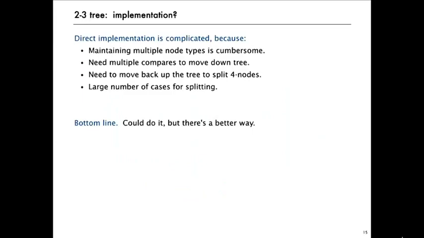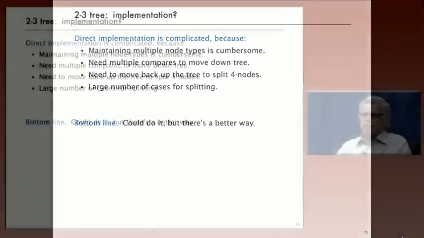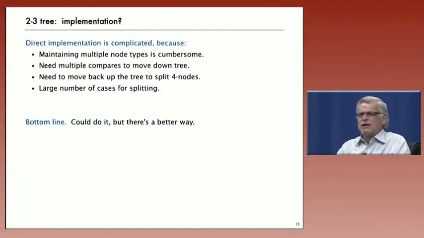Now, what about the implementation? Well, we're actually not going to talk about a direct implementation of 2-3 trees because it's kind of complicated. It's cumbersome to maintain multiple node types. You might need multiple compares to move down the tree. If there's a 3-node, it takes more compares than a 2-node, so it's complicated to analyze.